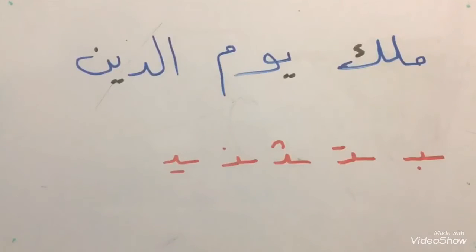In the early written Arabic, there were no points, so it was not easy to distinguish between these 5 letters, for example.